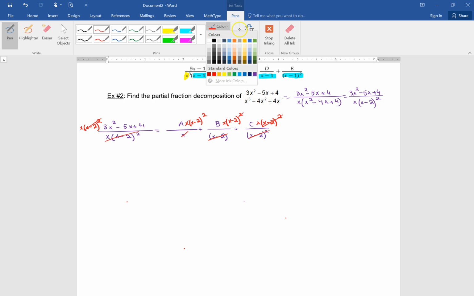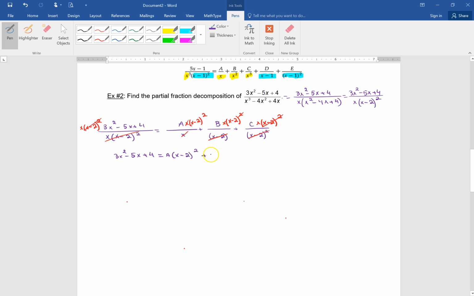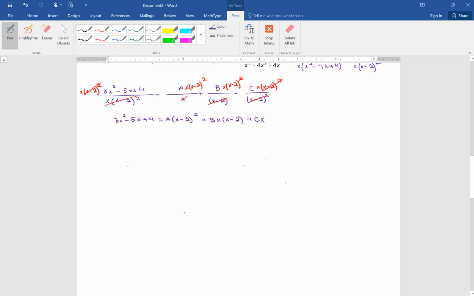All right, so let's see what we have left at the end of the day. On the left side, all I have is my numerator equals A times x minus 2 squared plus Bx times x minus 2 plus Cx. Oh my. Okay, so guess what you have to do now? FOIL, distribute, multiply, simplify. So let's do that.